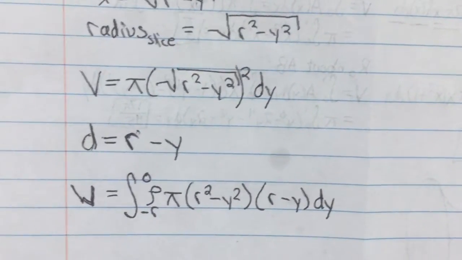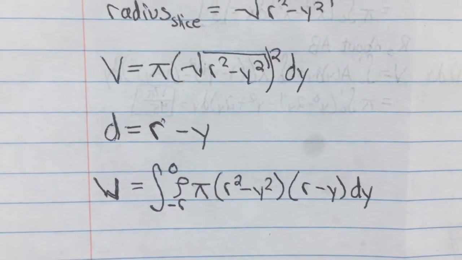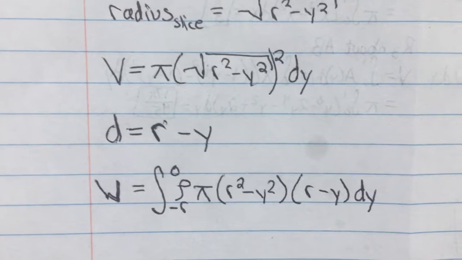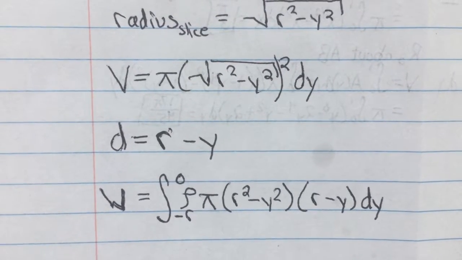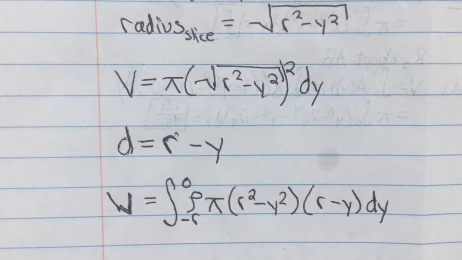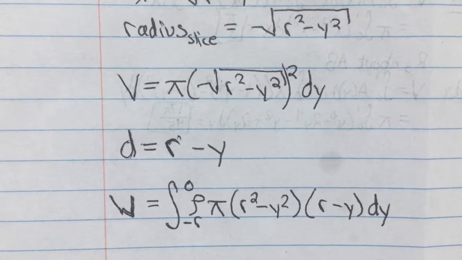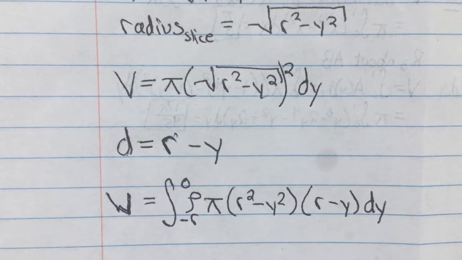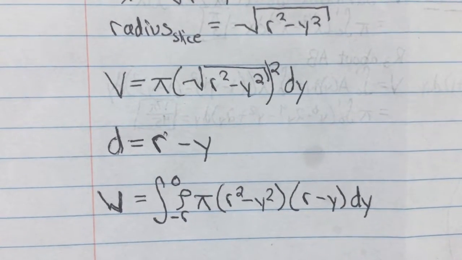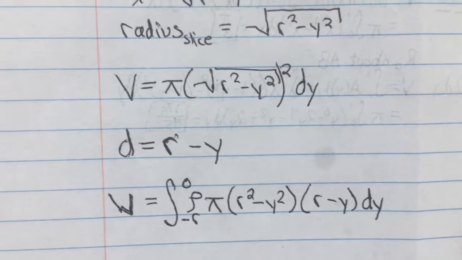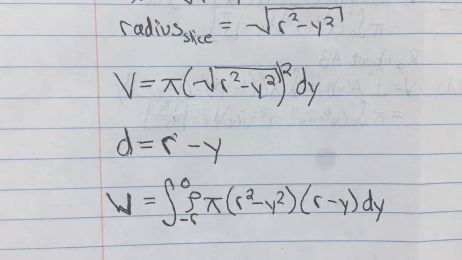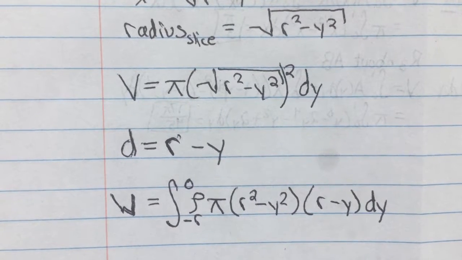And now we can just plug in everything for our work. Our work is the integral from negative r, which is negative 8, to 0 of rho times pi times quantity r squared minus y squared times r minus y dy. Just make sure we get everything there. We got pi times r squared minus y squared. That is the area of a slice, the area of a disk.